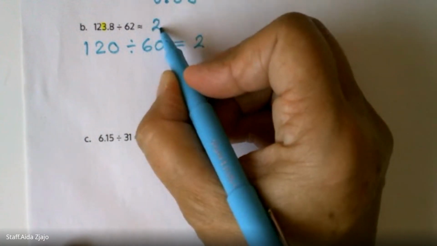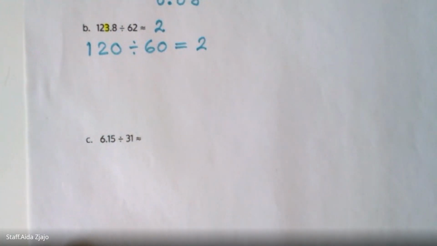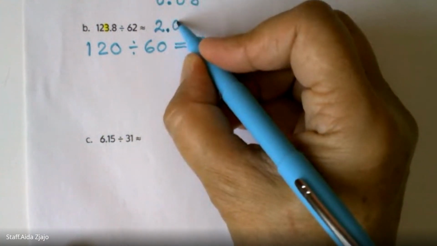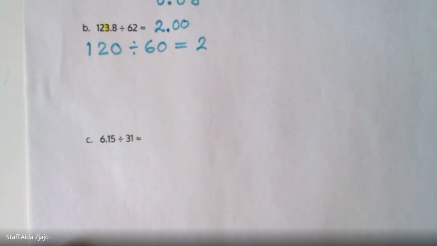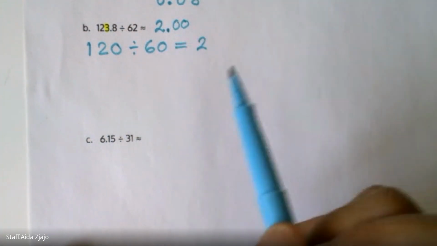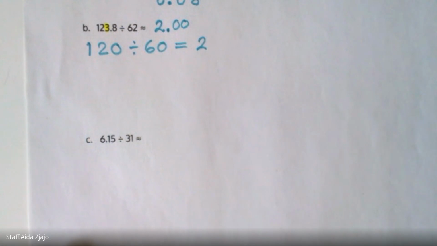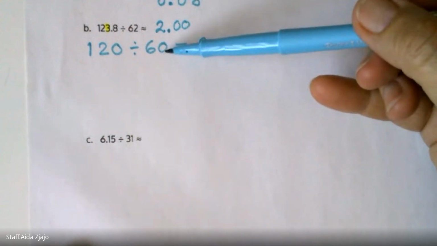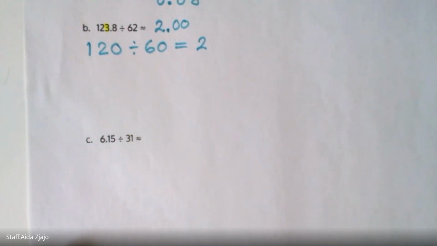It could be 2 and 0, decimal point. The 2 whole number is written as a decimal like this. If you want to prove your answer, you can think 60 plus 60 is 120. That's one way.